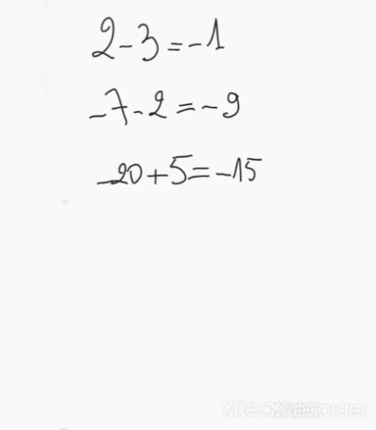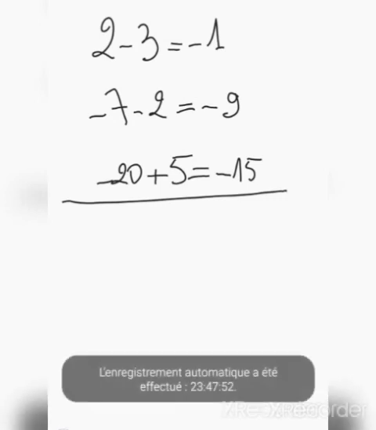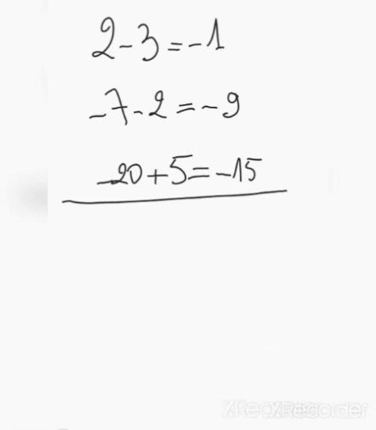And if there are parentheses, I can use this rule to get rid of them and then apply the same rules as before. When you have two successive signs, if they are the same, then it's positive, and if they are different, it's negative. For example, plus followed by plus is positive.